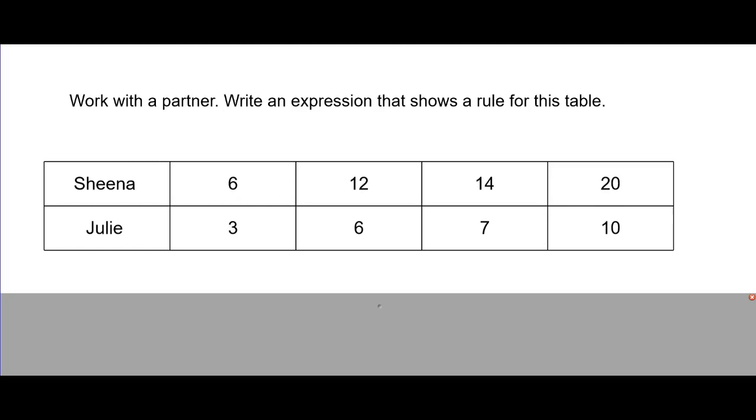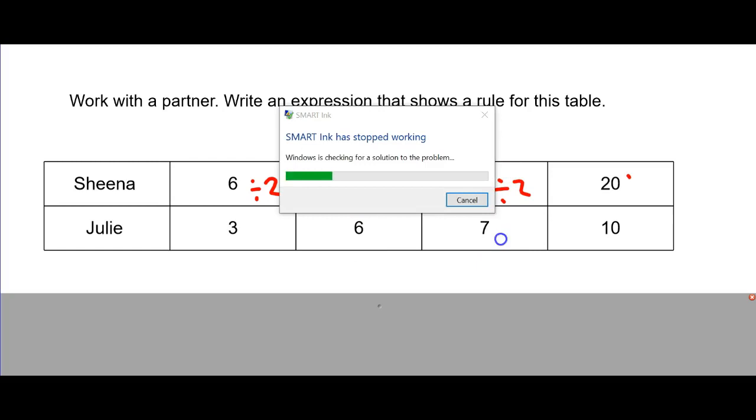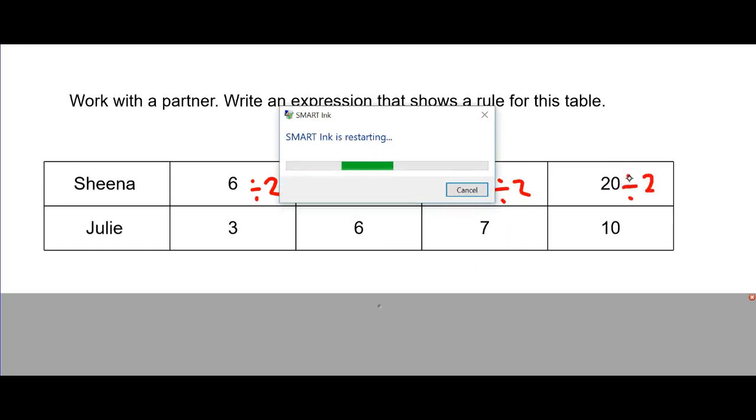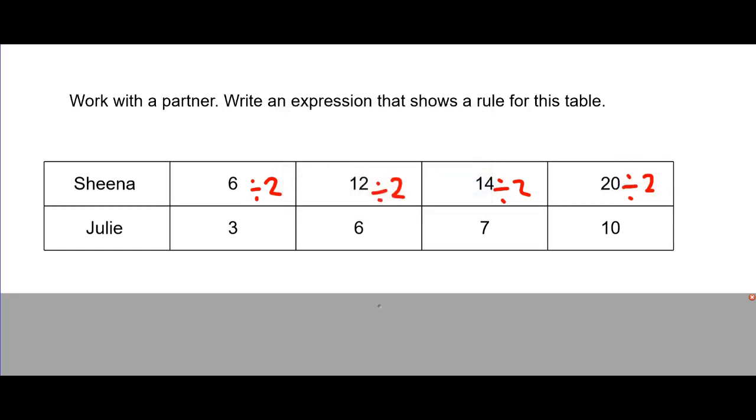So let's try that. 6 divided by what is 3? Okay, well, 3 times 2. Okay, so 6 divided by 2 is 3. Let's try that across here. 12 divided by 2 is 6. 14 divided by 2 is 7. And 20 divided by 2 is 10.